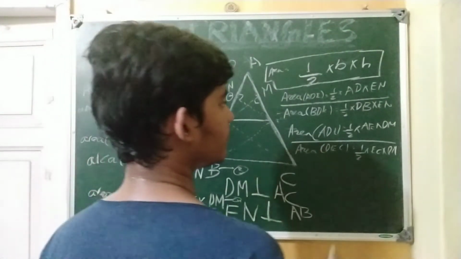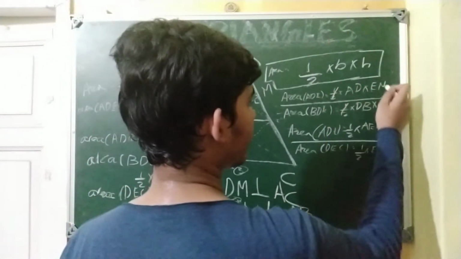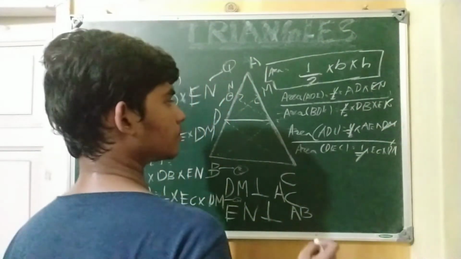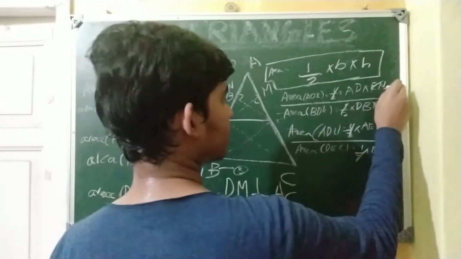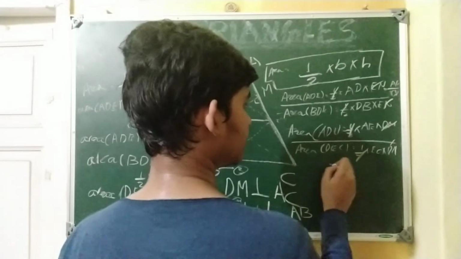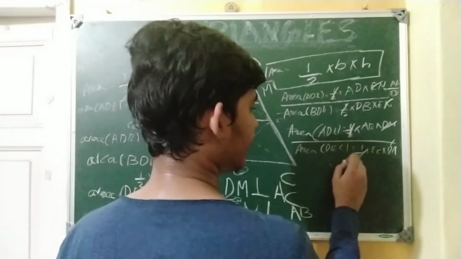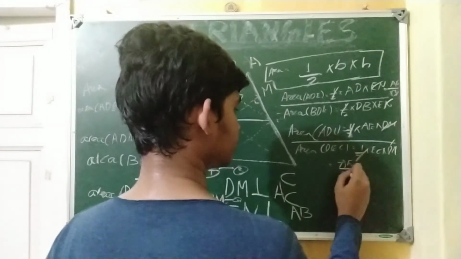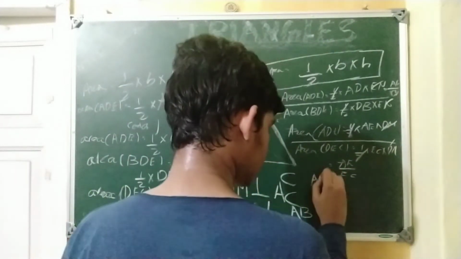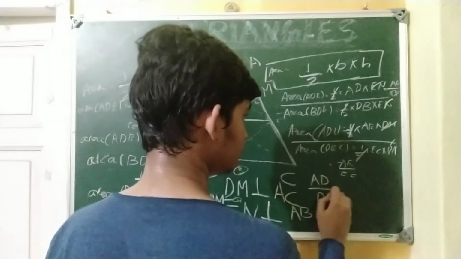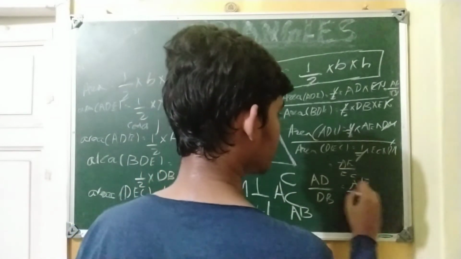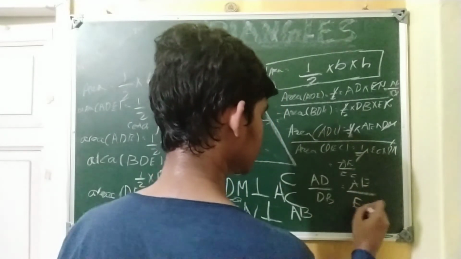We need to cancel the half and EN and EN, same over here. So we basically got AD by DB, and here we got AE by EC.